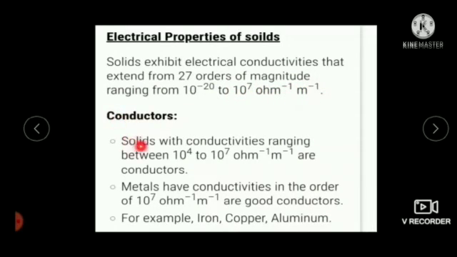Conductors: solids with conductivities ranging between 10 raised to 4 and 10 raised to 7 ohm inverse meter inverse are conductors. Metals are good conductors of electricity because they have conductivities of the order of 10 raised to 7 ohm inverse meter inverse. Iron, copper and aluminium are examples of conductors.